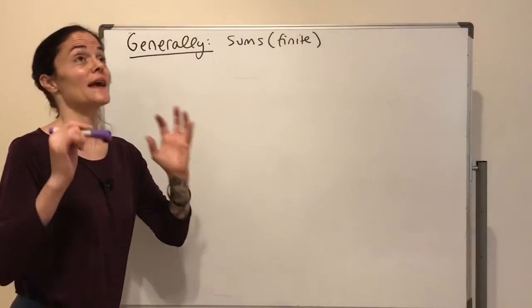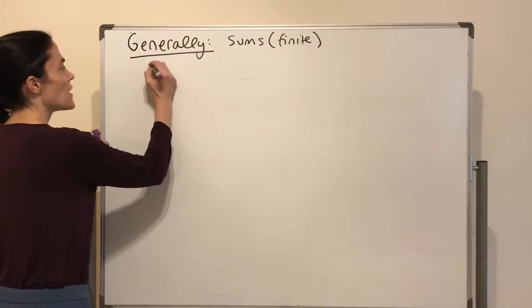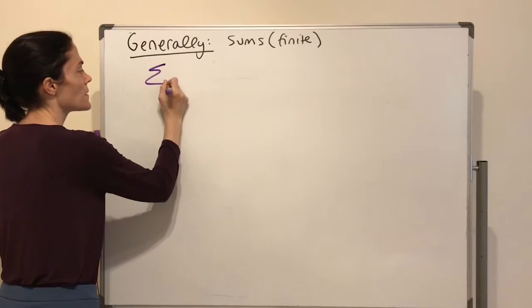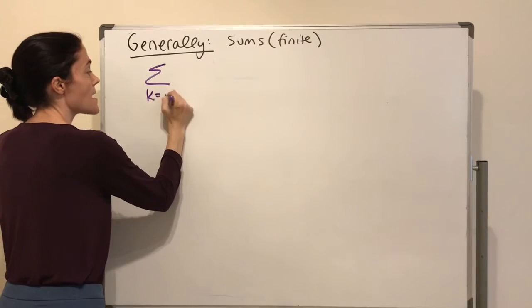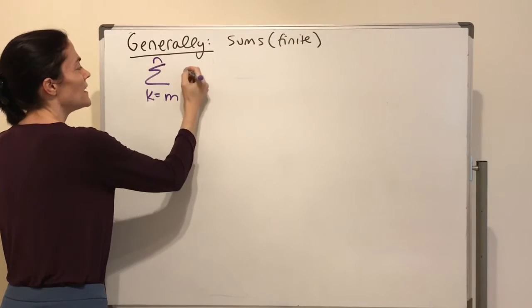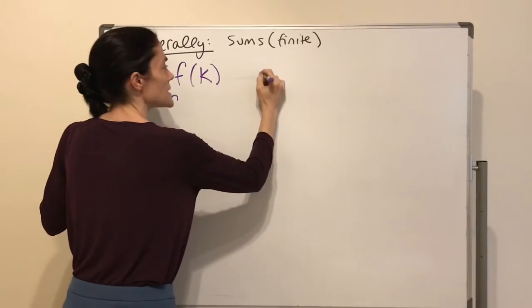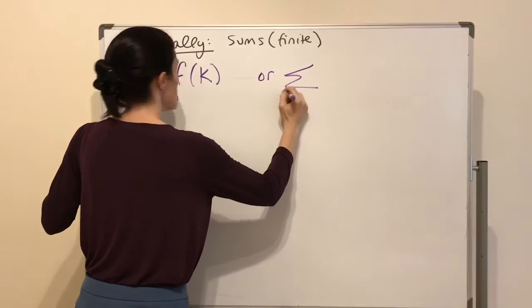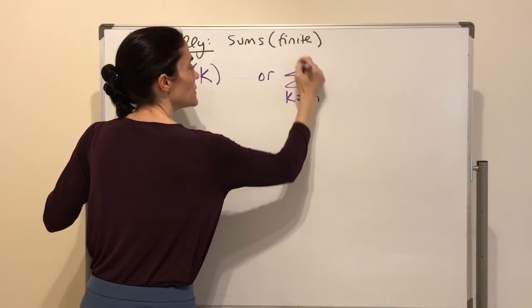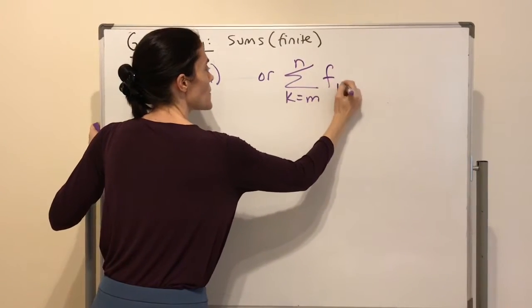Generally, when we look at sums, we have the following form. So a sum, say k equals m to n of some f of k, or you might think about it as the following: sum k equals m to n of f sub k.